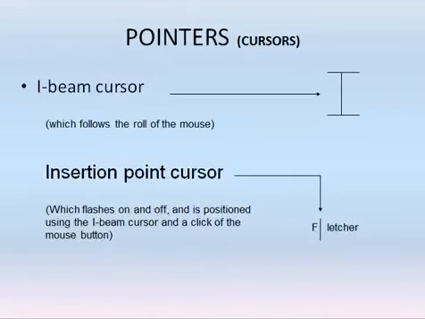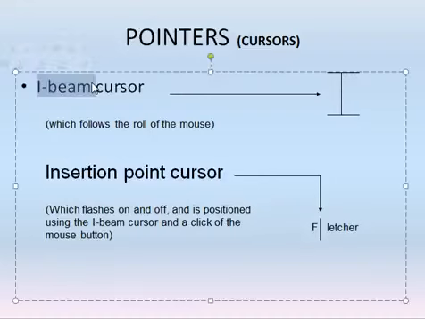The next is the pointers. Now if you scroll your mouse on the screen, sometimes the pointer changes. So if this is my PowerPoint presentation which is opened up, and I take my mouse to a space where there is a text object, it automatically changes to an I sign.